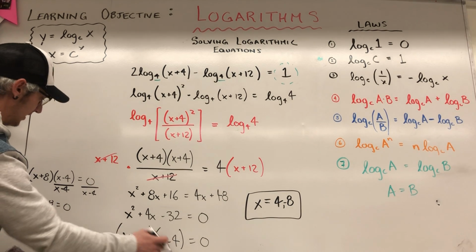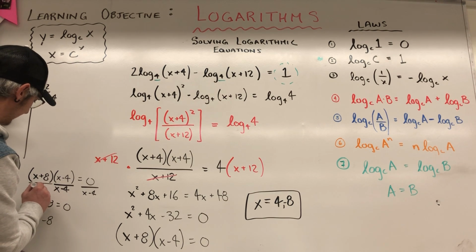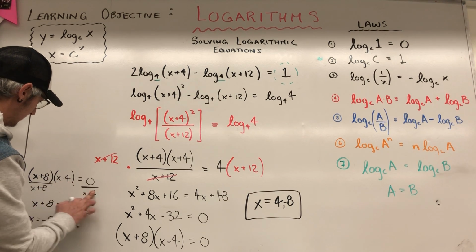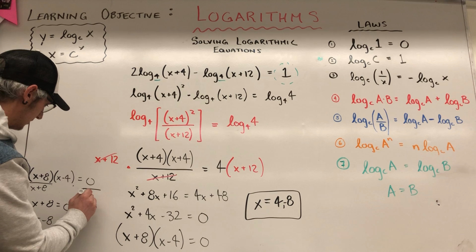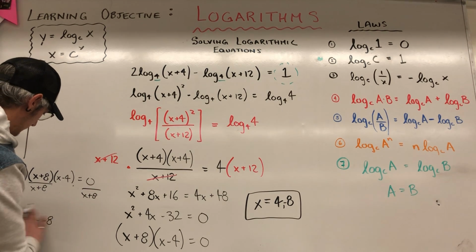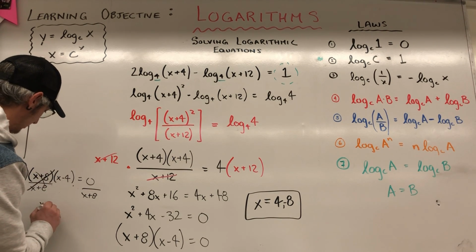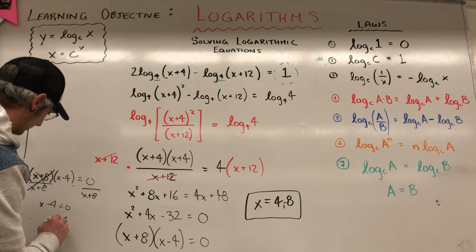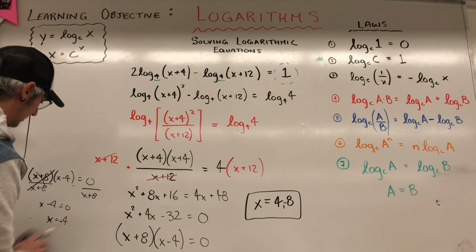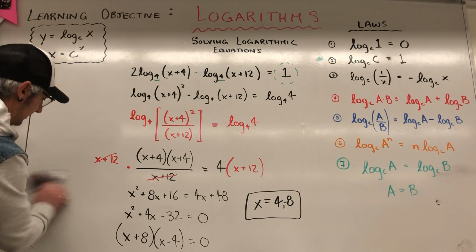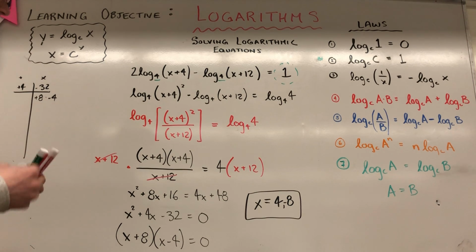And then if I do the same thing by dividing both sides by x plus 8 the next time round, that goes away and I get x minus 4 is equal to 0, or x is equal to positive 4, okay? But that's explained in many other videos.